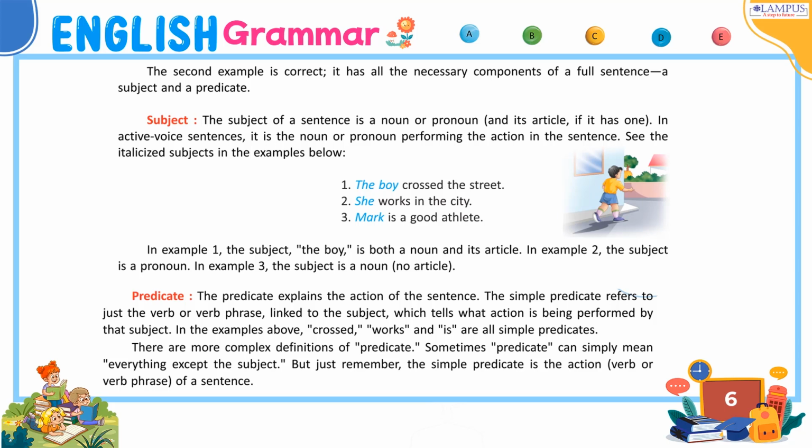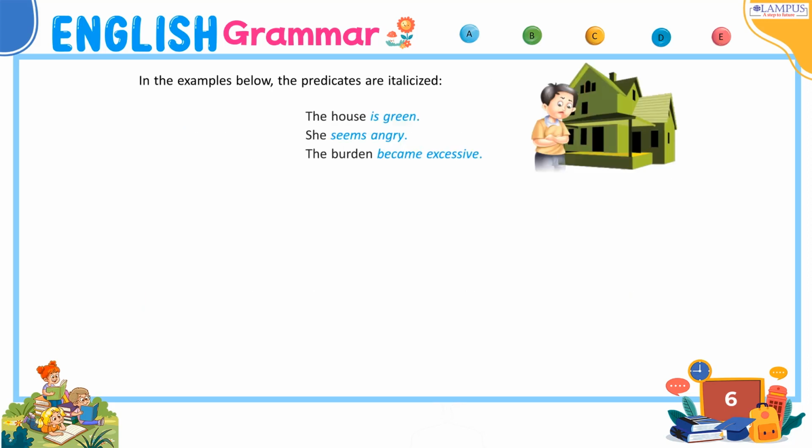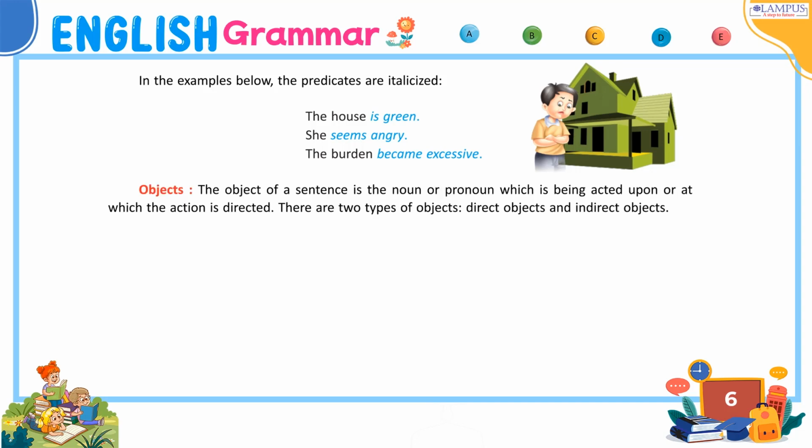Sometimes, predicate can simply mean everything except the subject. But just remember, the simple predicate is the action, verb or verb phrase, of a sentence. In the examples below, the predicates are italicized. The house is green. She seems angry. The burden became excessive.